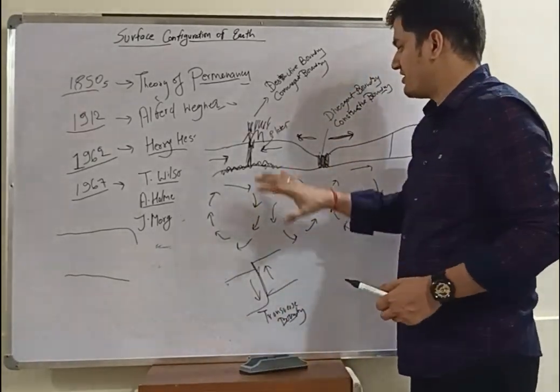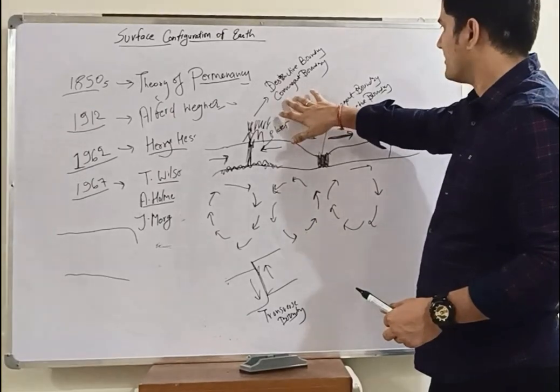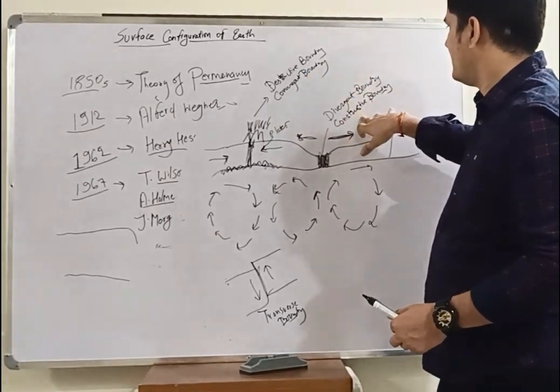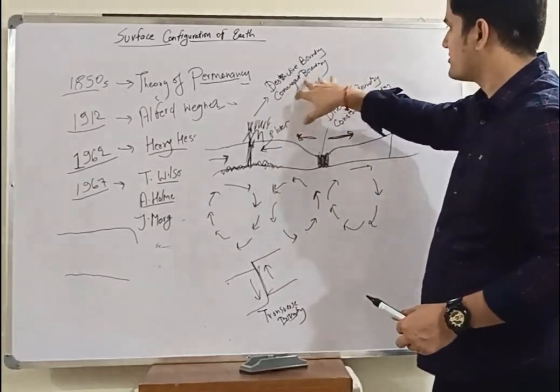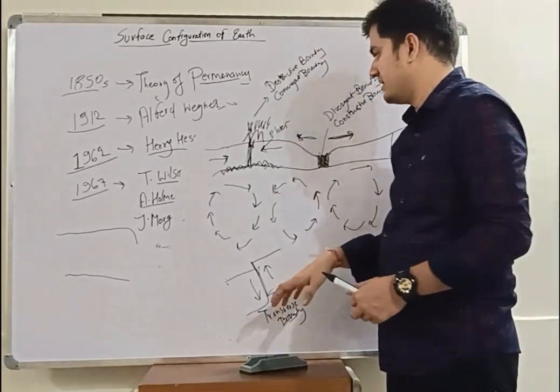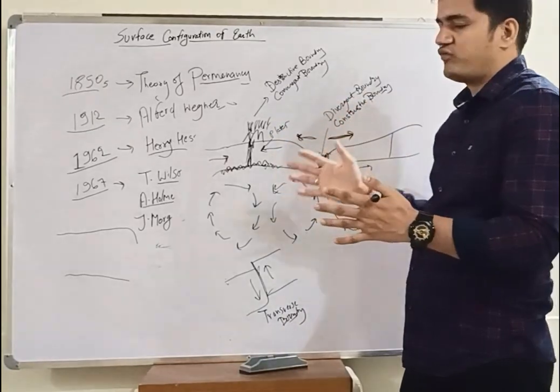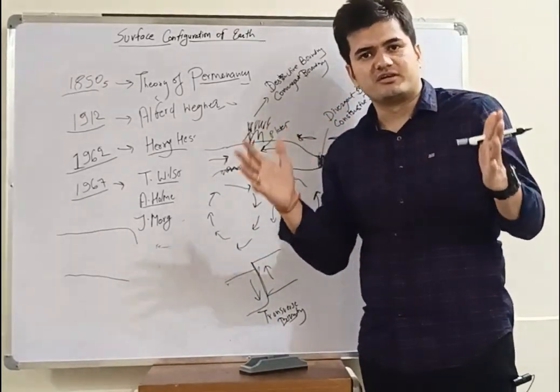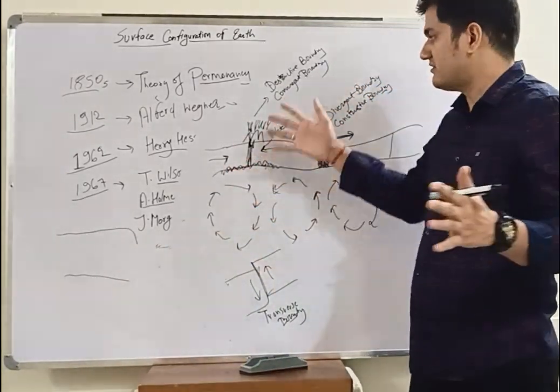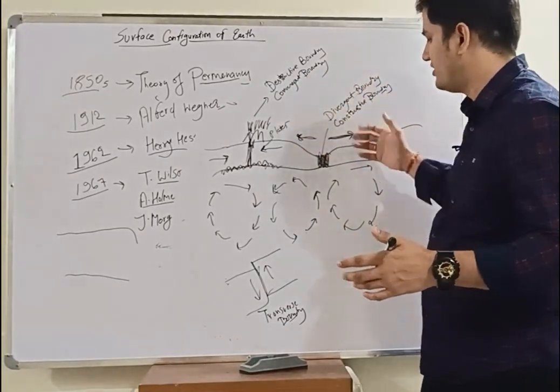So we have discussed three kinds of boundaries: the constructive boundary or divergent boundary, the convergent boundary, and the transverse boundary. All the landforms which have evolved on the surface of the earth can be explained by these three kinds of boundaries.